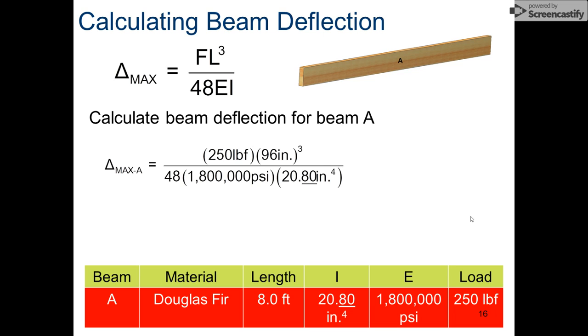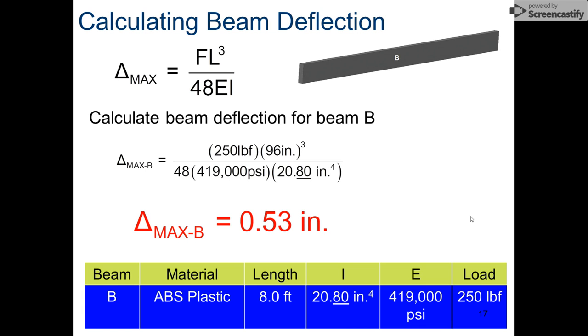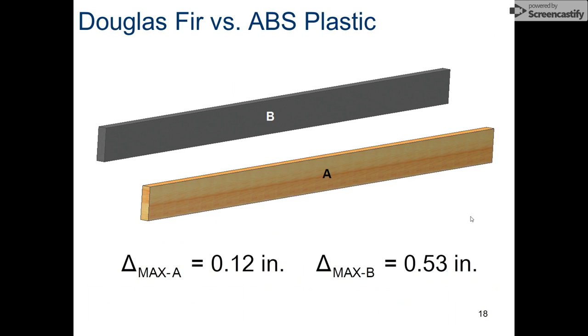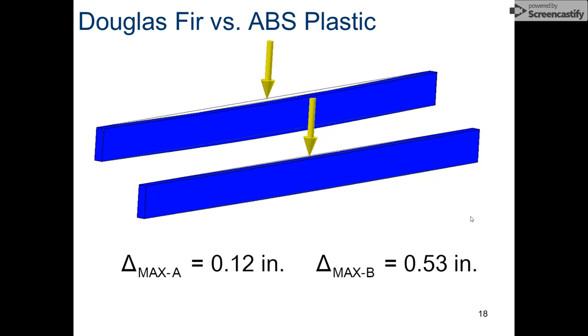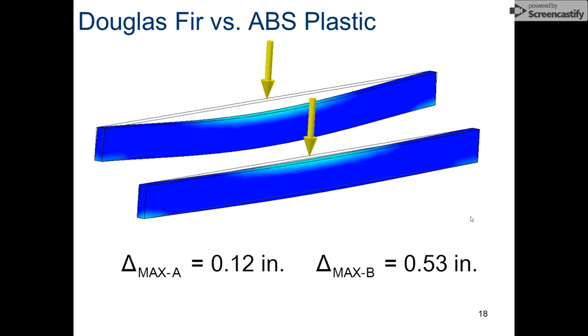And then we have divided by 48, which is a constant, times the modulus of elasticity, times the moment of inertia. And we come up with a delta max of 0.12. And then when we do the same for beam B, we find that delta max is 0.53. So there we have more deformation, quite a bit more, as you can see.